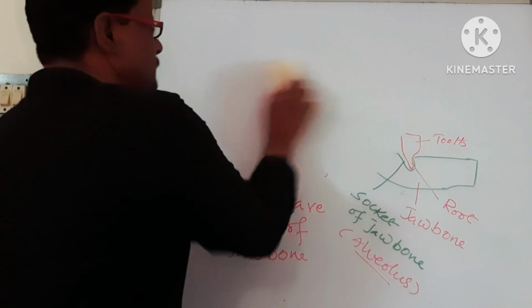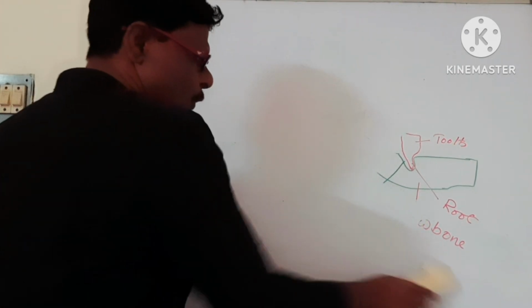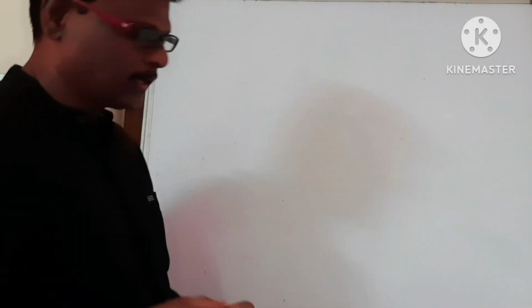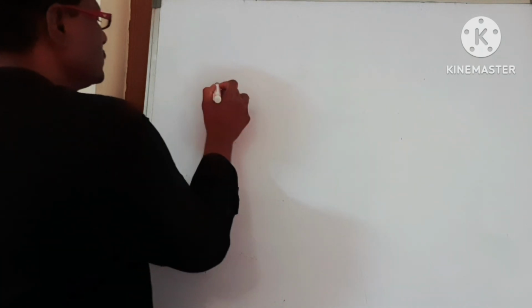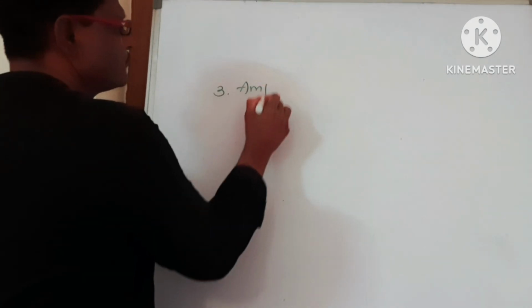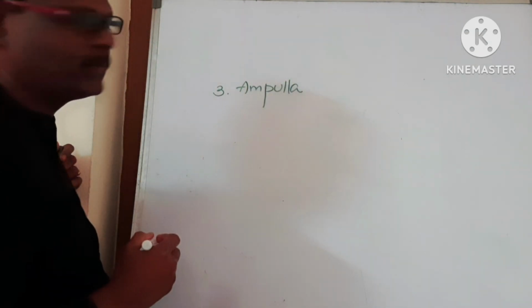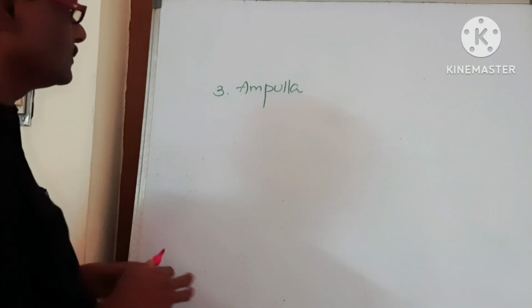Right? Let me discuss the next set of words. I want to introduce the word ampulla. What is that word? Tell me once again. Say ampulla. So ampulla is a singular word. What is the plural word of ampulla?